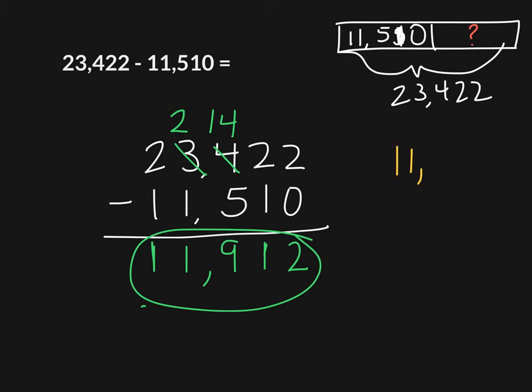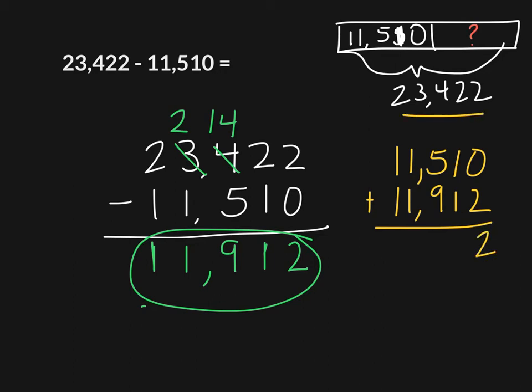I'm going to add the part I knew at the beginning, 11,510, add it to this new part, and when I add these up, I should get this as my answer. 0 plus 2 is 2, 1 plus 1 is 2, 9 plus 5 is 14, so I need to do some regrouping there. 1 plus 1 plus 1 is 3, and 1 plus 1 is 2. And now I can compare that to the original whole that I started with, and it matches, so I can feel very confident that I subtracted correctly and that this is right.